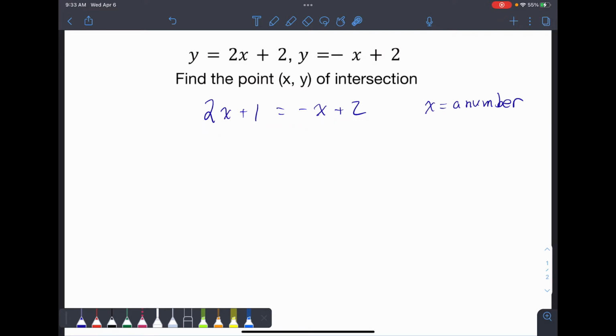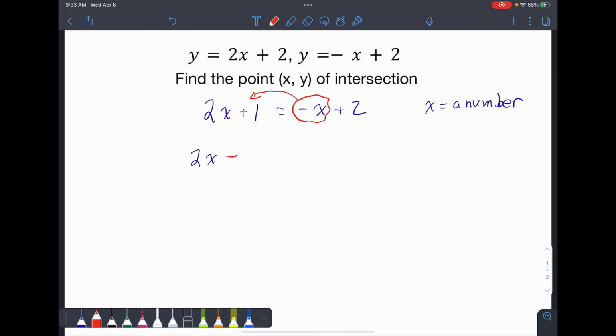So we can do that. I'm going to bring all the terms that involve x to the left-hand side. So I can move this one right here to the other side, and when I do that, it changes sign from negative to positive. You know what? Let's do it in a different color here.